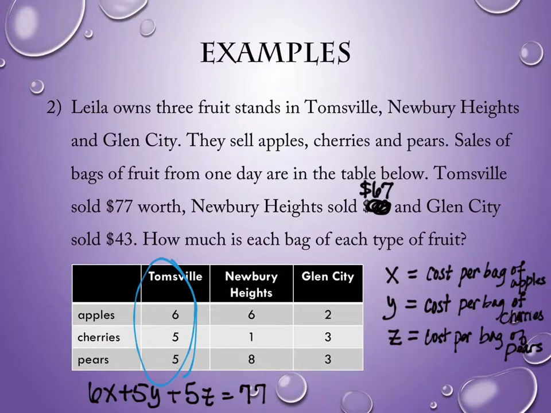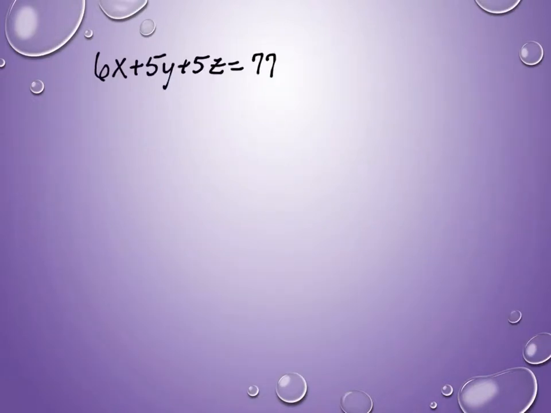Newberry Heights. What would the equation for Newberry Heights look like? 6x plus y plus 8z equals 67. Good job, Keely. All right, so we had, where's my slide? 6x plus y plus 8z equals 67.